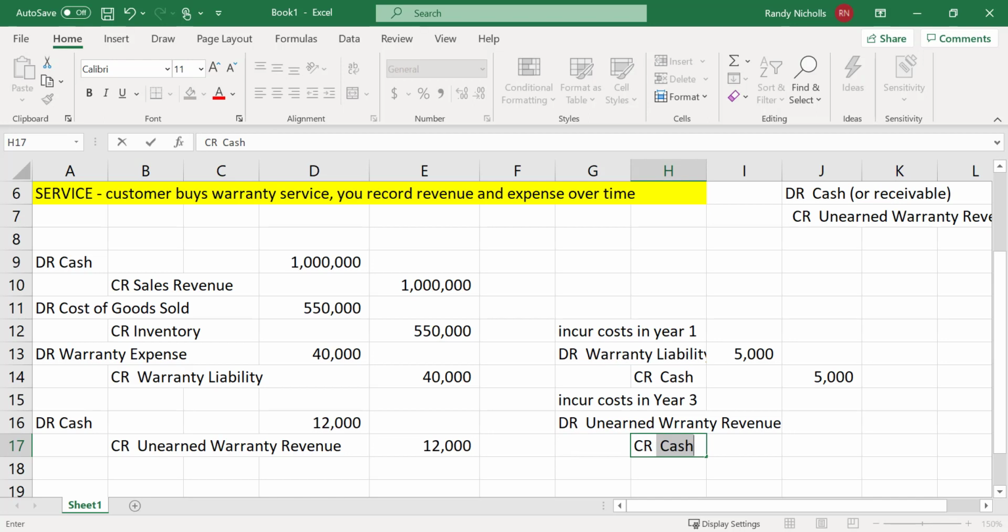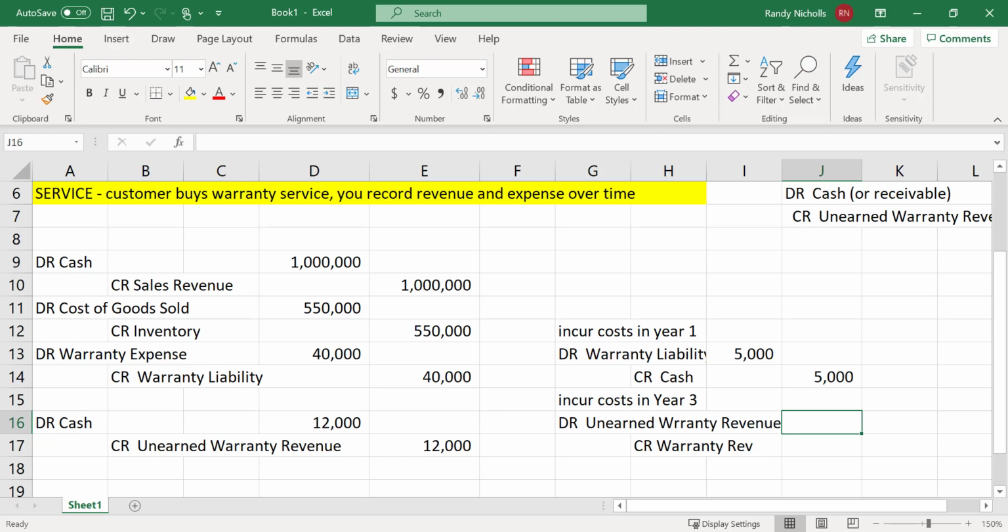Apologize for the spelling. Now there's multiple ways you could record this revenue over time, but let's assume straight line. So in year 3, I'm going to record $6,000 of revenue. And in year 4, I'll do that as well.